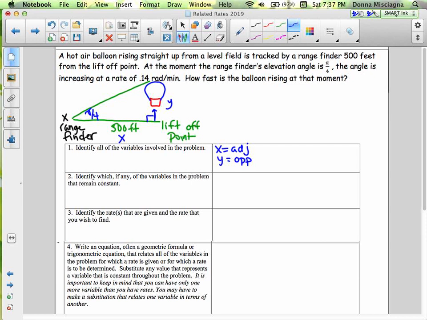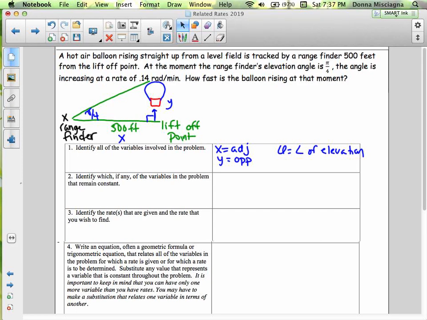That's good enough for me. So we're not going to use that side. We've got theta, right? That's our angle of elevation. I think that's it.